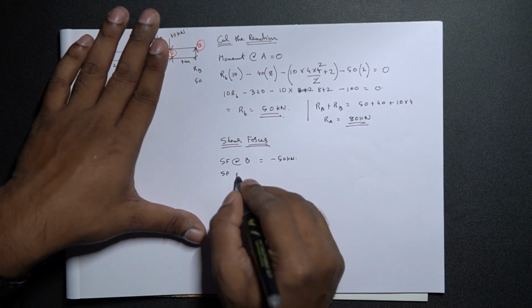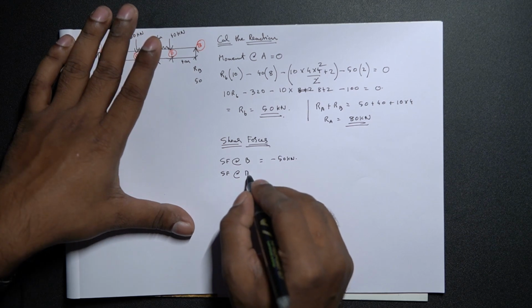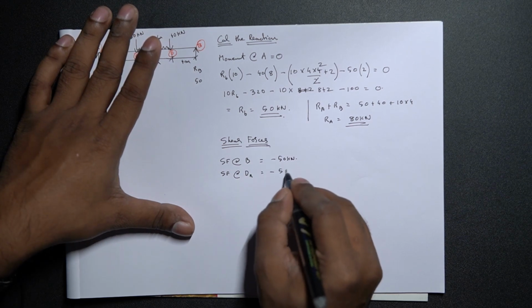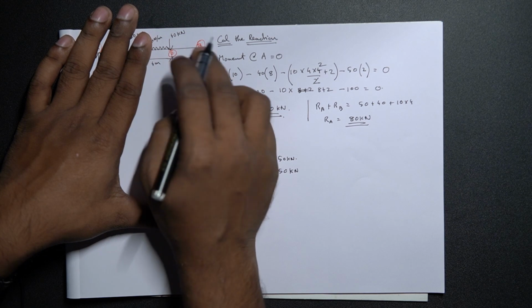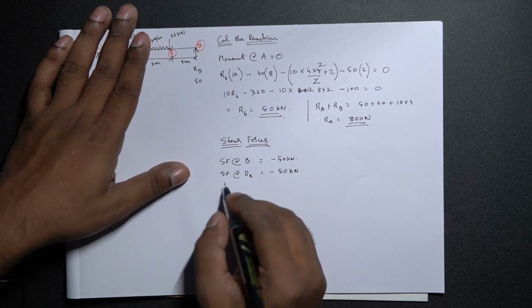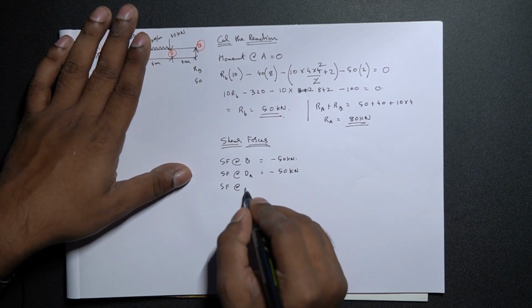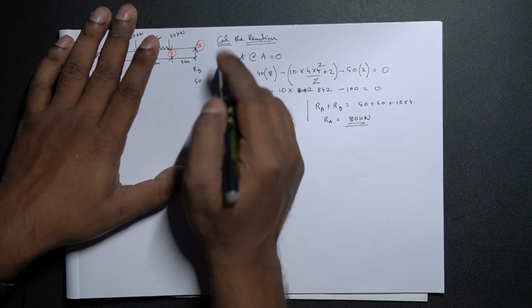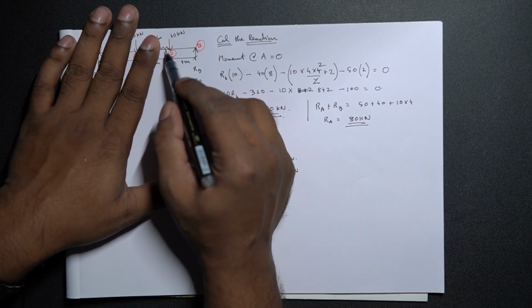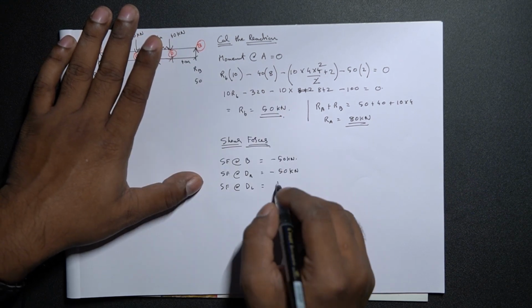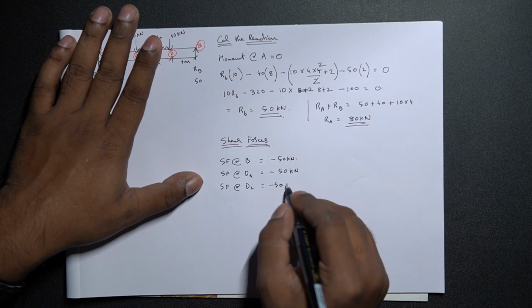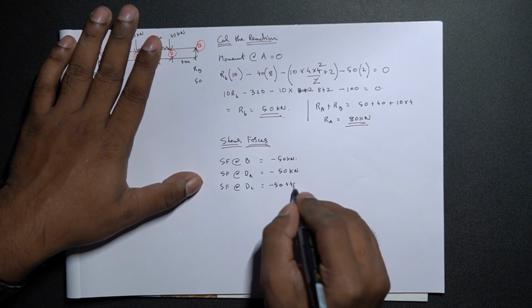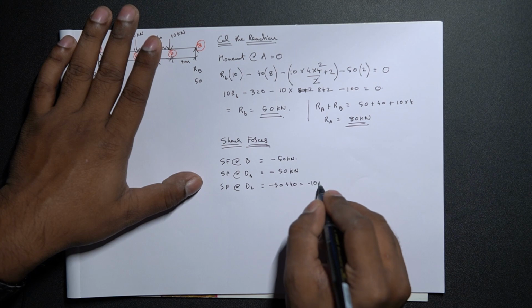Shear force at D right should be the same, 50 kilonewtons. There is no change in any force in between these 2 points. Shear force at D left. Now that we have included a 40 kilonewton towards the left of D, we have to consider the 40. So that is minus 50 kilonewtons plus 40 kilonewtons. That should be equal to 10 kilonewtons.